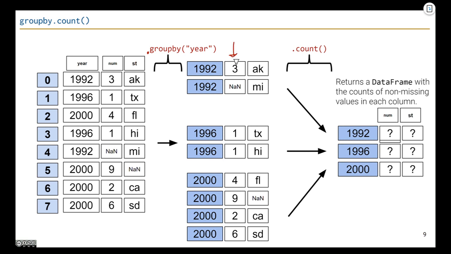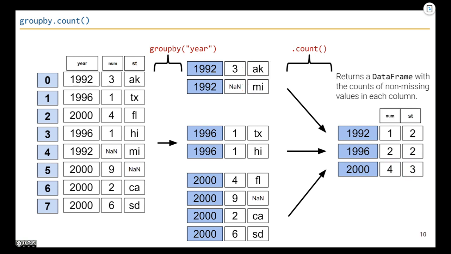So for this first sub data frame, I only have one non-missing value for this column num, whereas I have two here. So I'd expect a 1 here and 2 here. Both of these, I would get 2, 2, because I don't have any missing. Here, I'm going to get 4, 3. So that's a useful way to peek in and also just count your non-null.